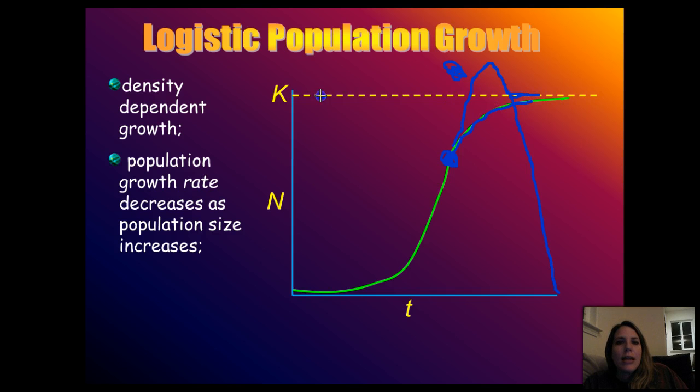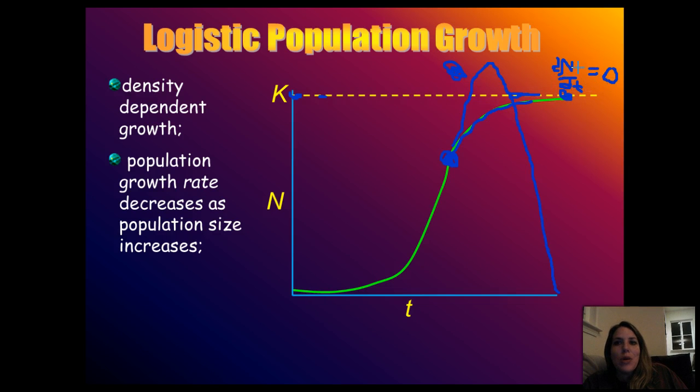And again, right at carrying capacity, if my population is here, then my growth is 0. So I could actually say my growth, the rate of change, dN over dt, if you can read this, equals 0. So I'm at 0 population growth because my population is neither increasing nor decreasing.